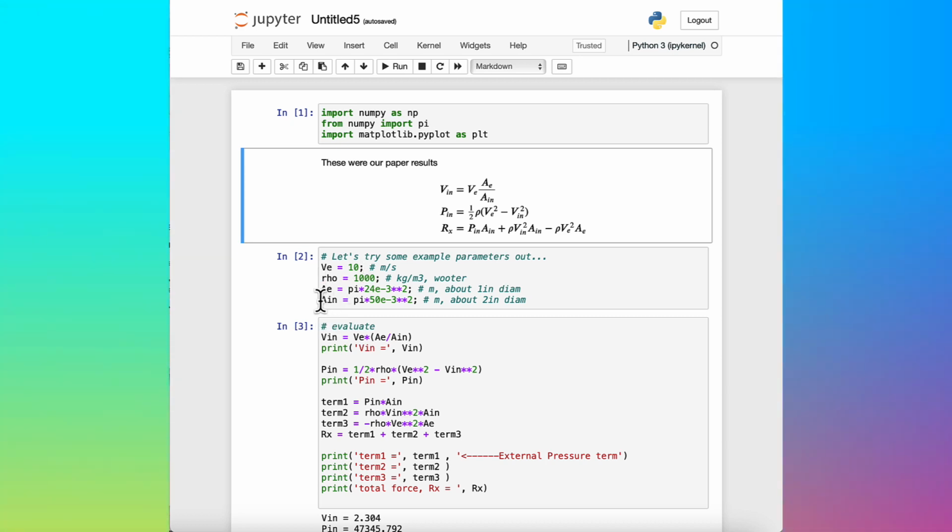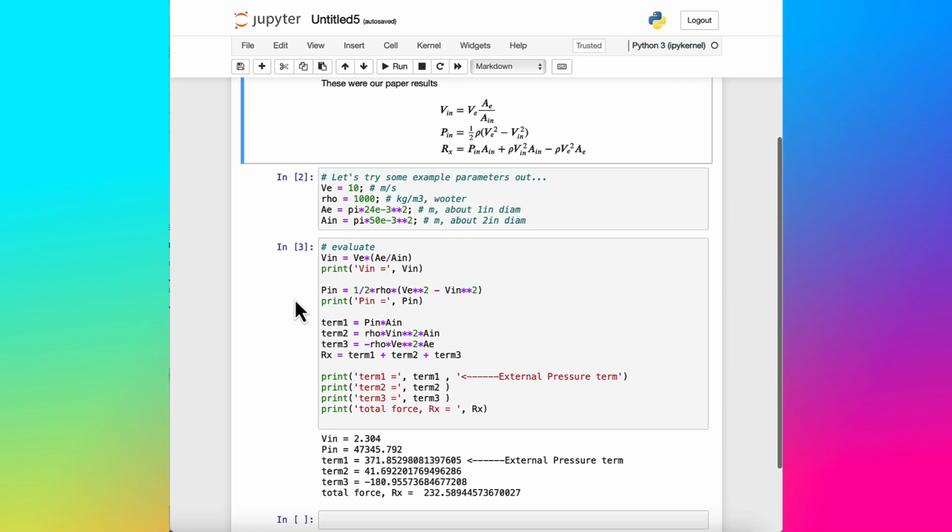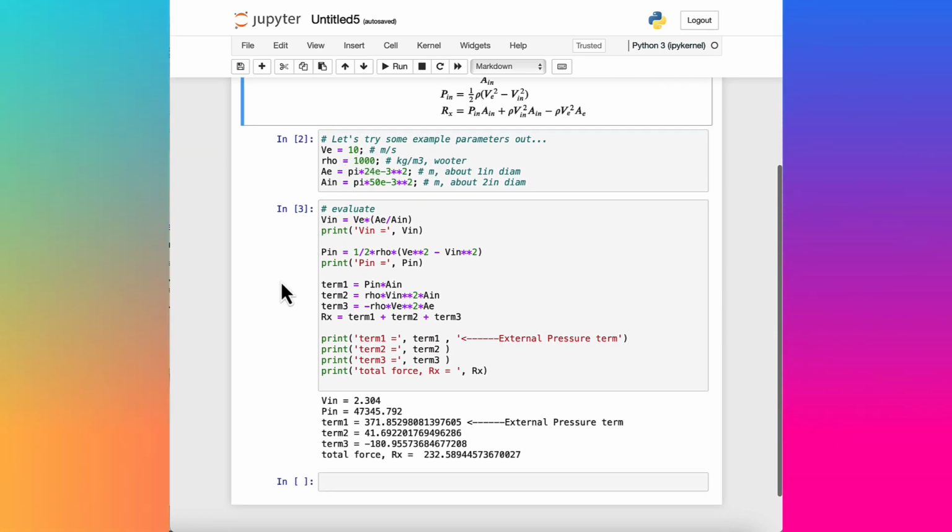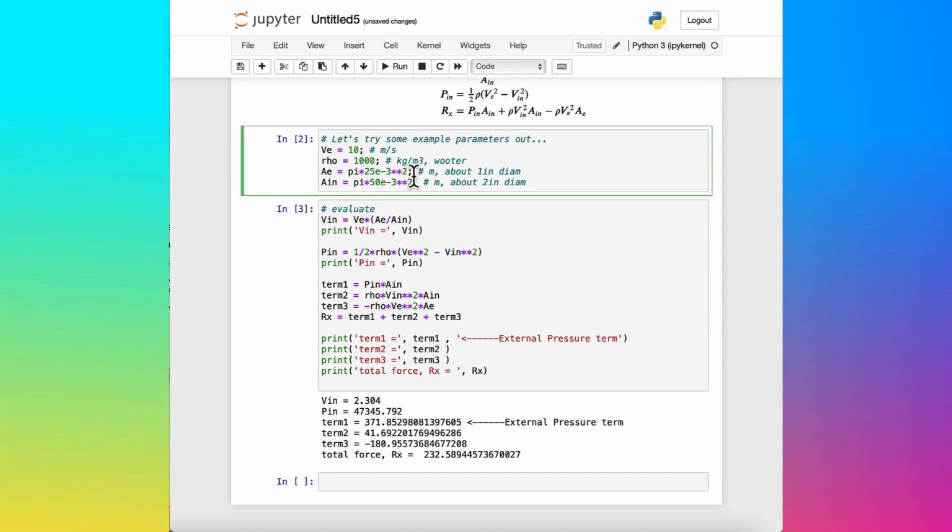And a relative area, so the exit area maybe corresponds to a 1-inch diameter, and the inlet would correspond to a 2-inch diameter. That would be a pretty big reduction in area, like a fourfold reduction in area. Maybe I should use 25 here for an inch.